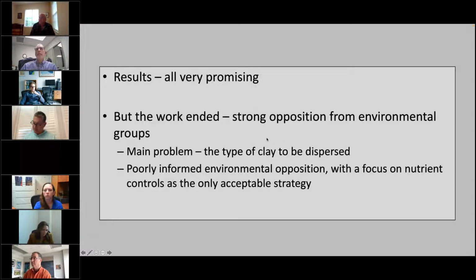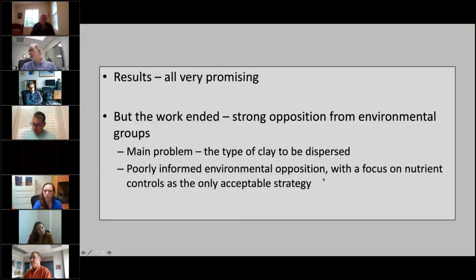And part of this lawsuit that was threatened was what I believe was poorly informed environmental knowledge, with a real focus on nutrient reductions as the only acceptable strategy.